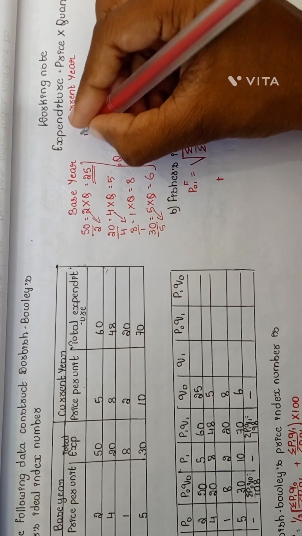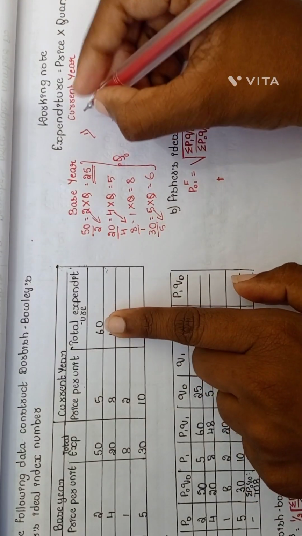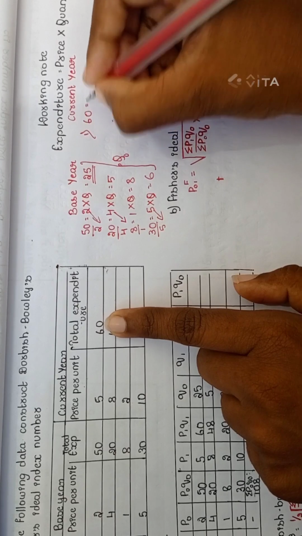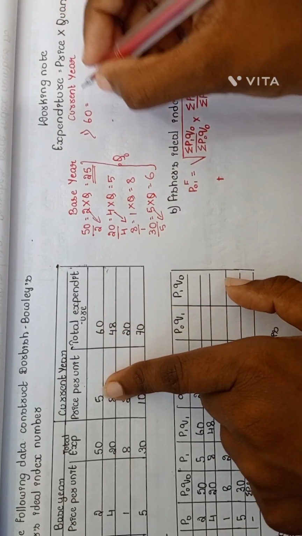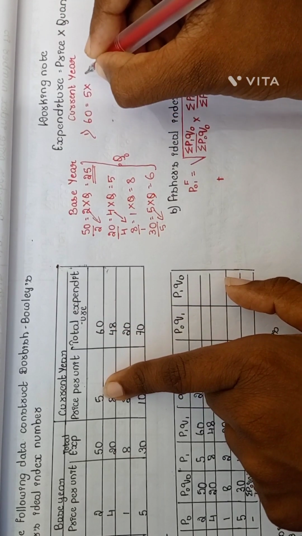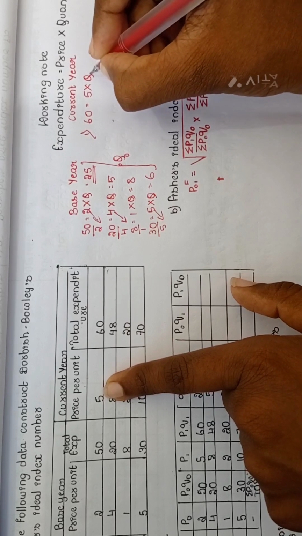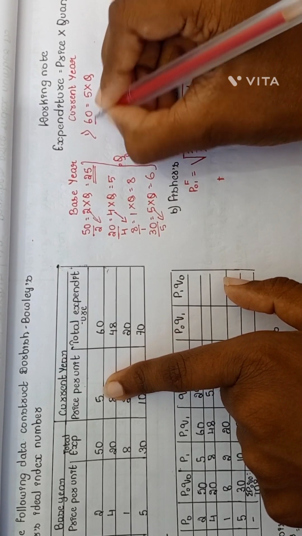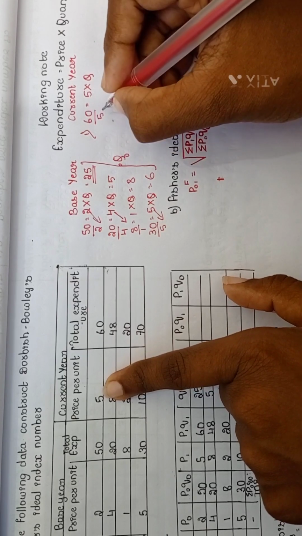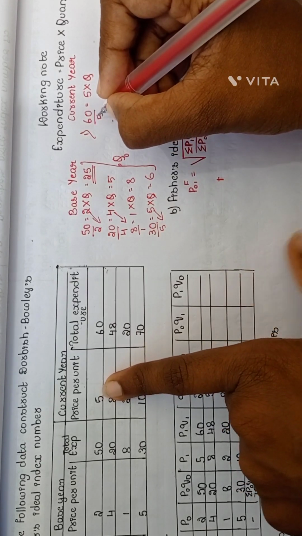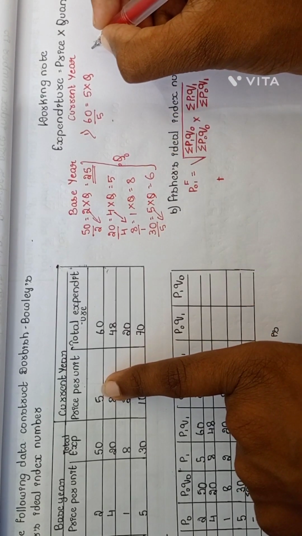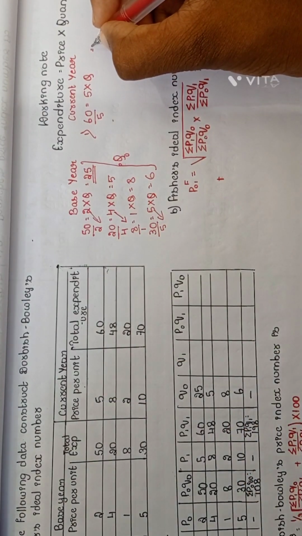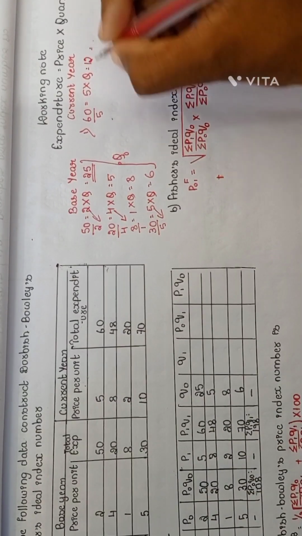So for item 1, the total expenditure is 60, equal to, and the price is 5 into quantity. I don't know the quantity, so let me write it as Q. So when I transfer this 5 here, it will become a division format. So 60 divided by 5 is 12.